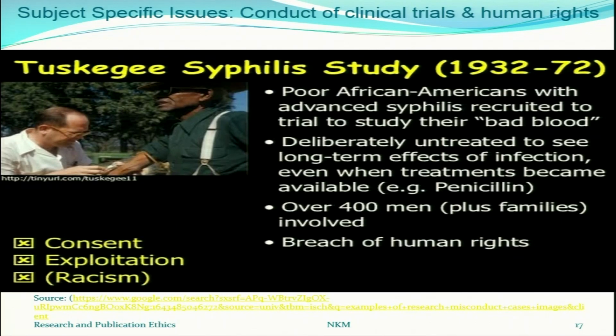Doctors deliberately left them untreated to see the longer term effects of infection, even when treatments became available. Penicillin was discovered and treatment was there, yet they were not given this medication, only to see the severe long term effects of infection. Over 400 men plus their families were involved in this case, and that was a typical breach of human rights.